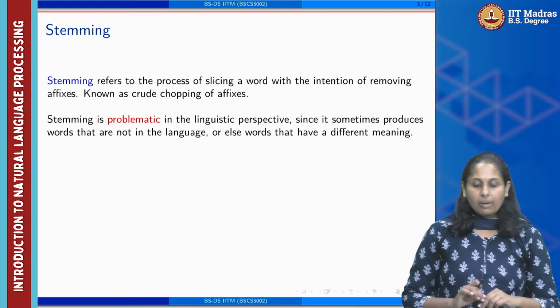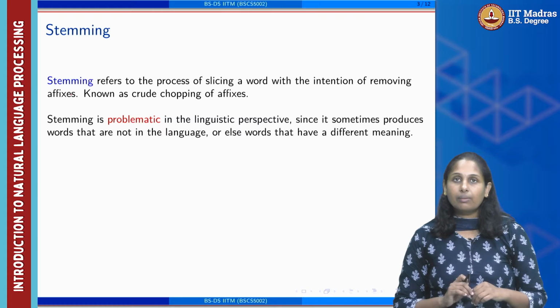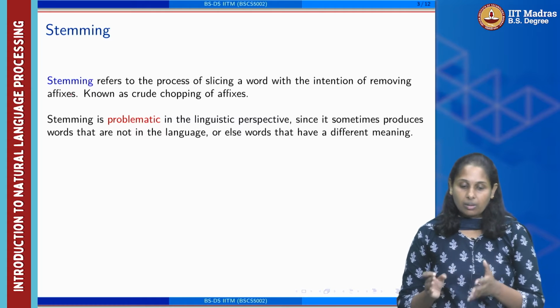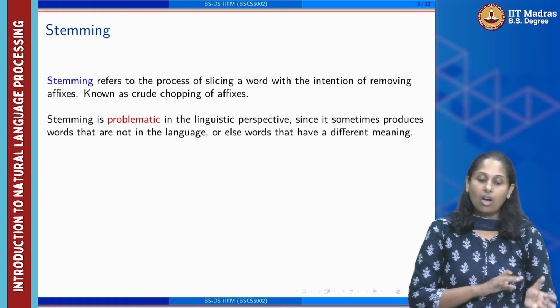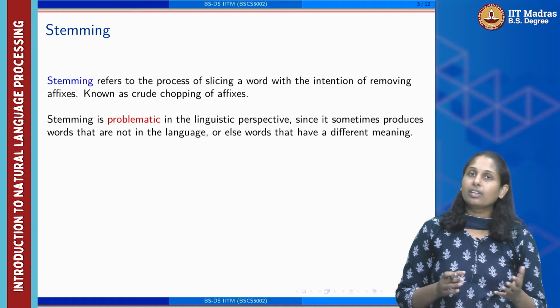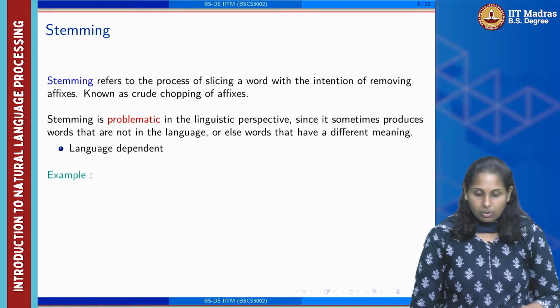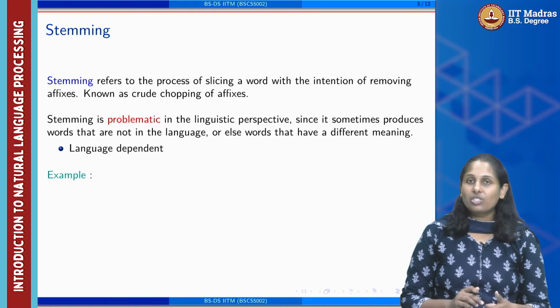Sometimes stemming is problematic because it will not work in all applications, because sometimes it produces words which are not there in the language, or it can also produce words which have a different meaning. Again, stemming is a language dependent task.